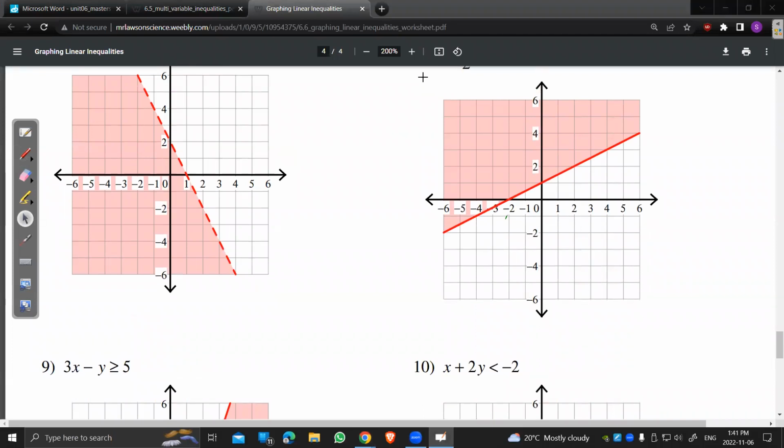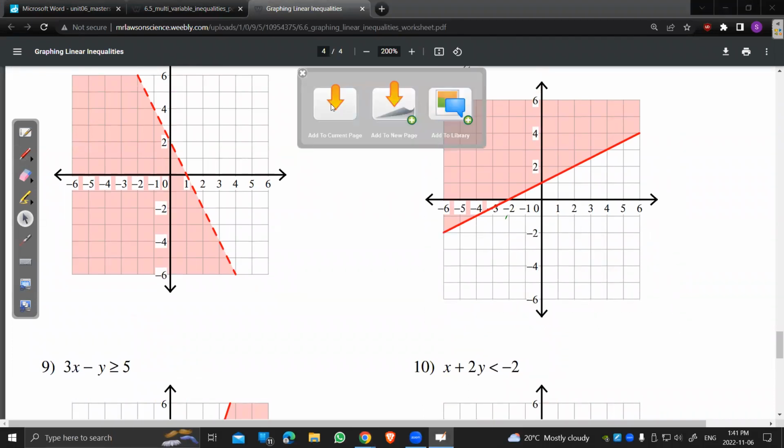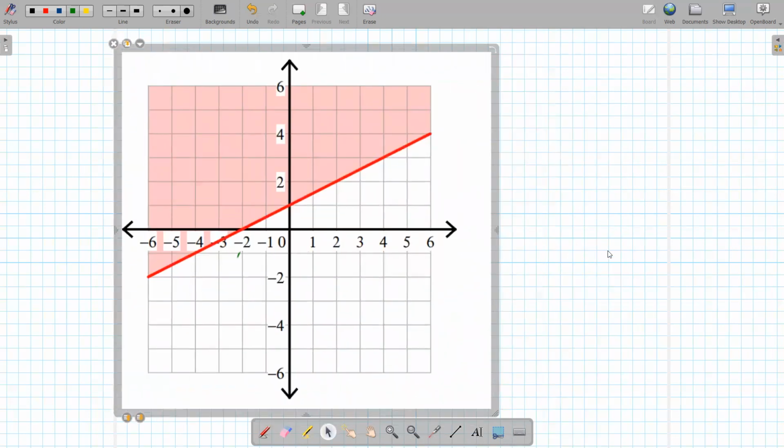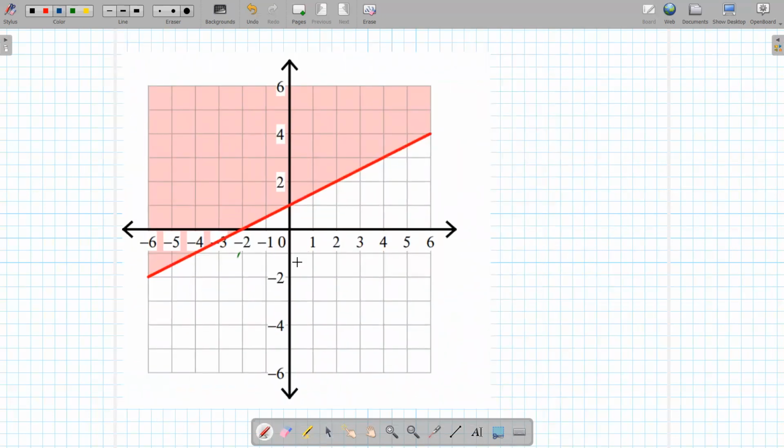All right, let's find the inequality of this graph. Do we know the y-intercept? Yes, you do. Okay, let's make this more difficult. Let's say we didn't know this. You can't use the y-intercept, because sometimes maybe you will not be given it.